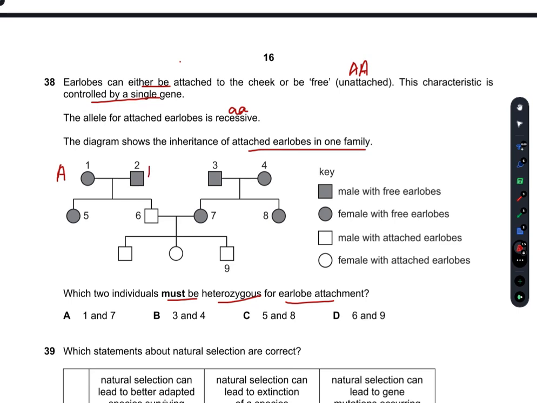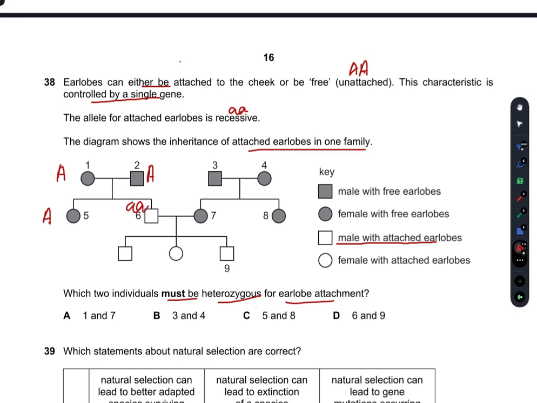So it will also have an unattached allele, a capital A, sorry. So these two combine to form a female with free earlobes, so this has again a capital A, and a male with attached earlobe, so this will have aa.